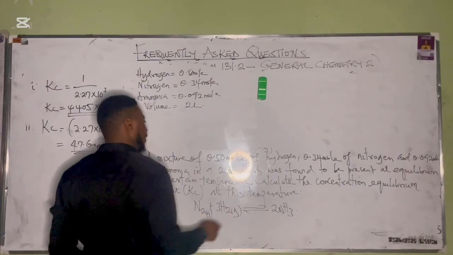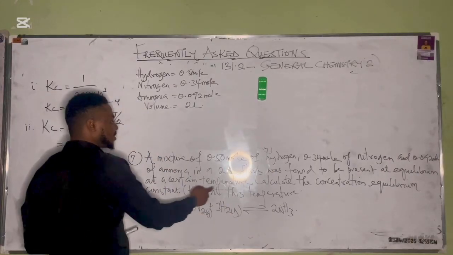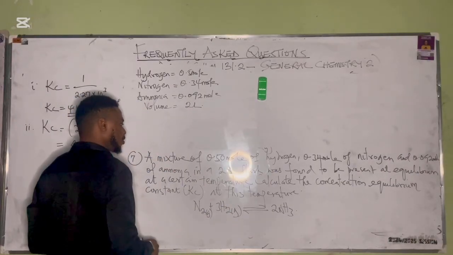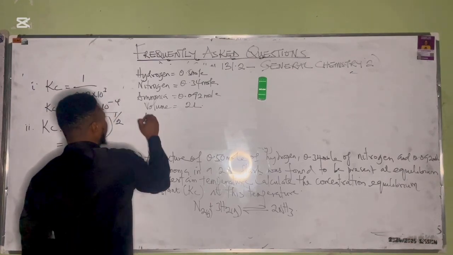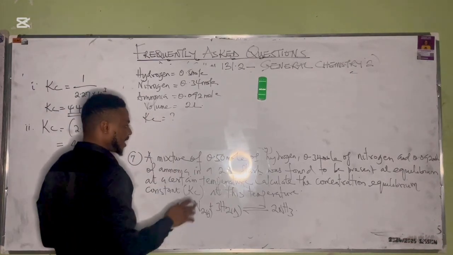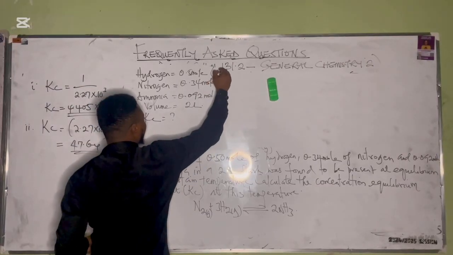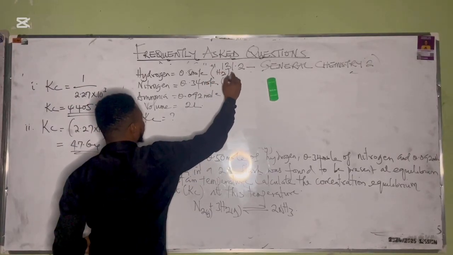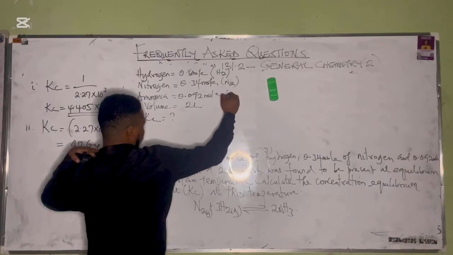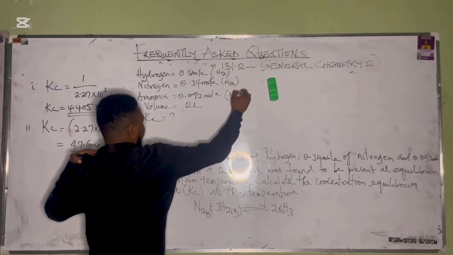It was found to be present in equilibrium at a certain temperature. Calculate the concentration equilibrium constant. So we are looking for Kc at this temperature. So look at the reaction. This hydrogen is H2, this one is N2, nitrogen, then ammonia is NH3.